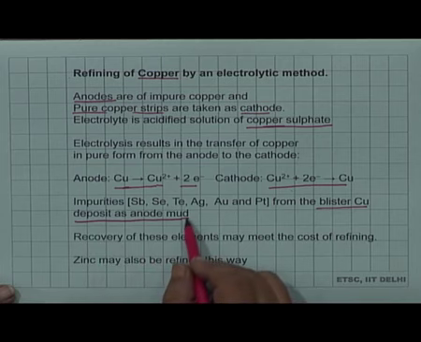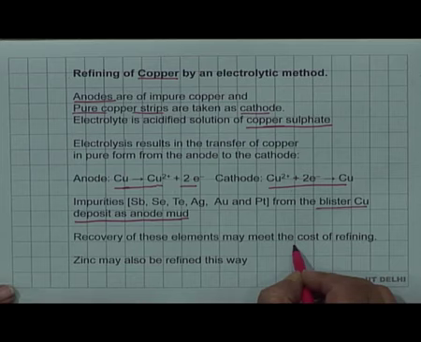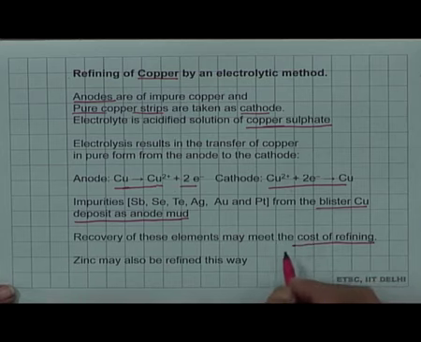These metals which are deposited in the form of anode mud are basically recovered, and they are expensive. So, the cost of electrolytic refining is also recovered.